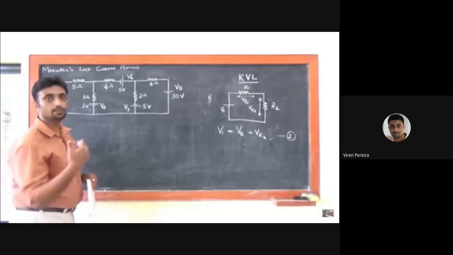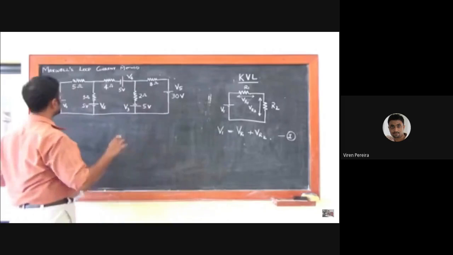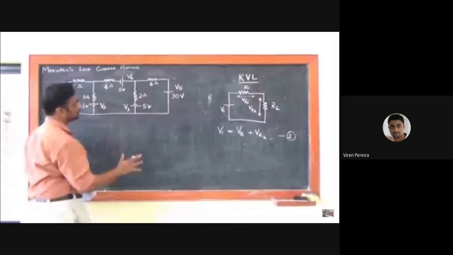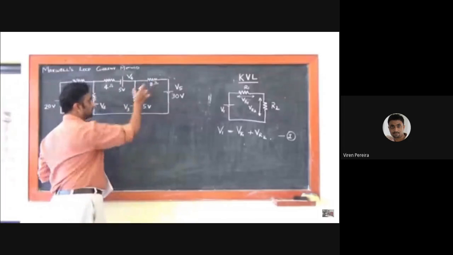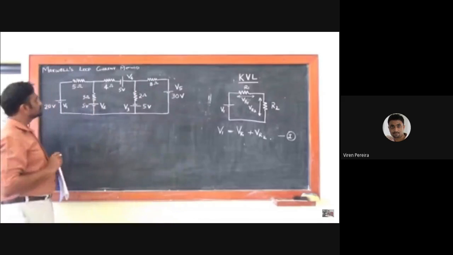So we'll have 2 loops, 3 loops, 4 loops, and so on. In order for us to find the currents and the voltage and current ratings in all these loops, we have to use this method.